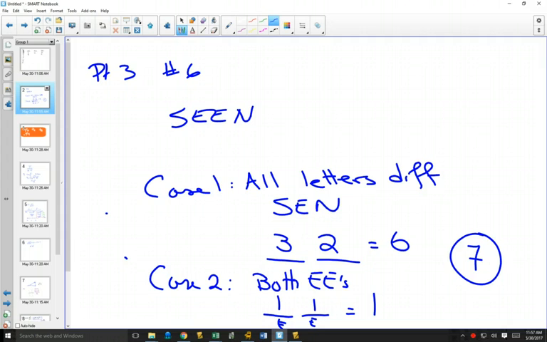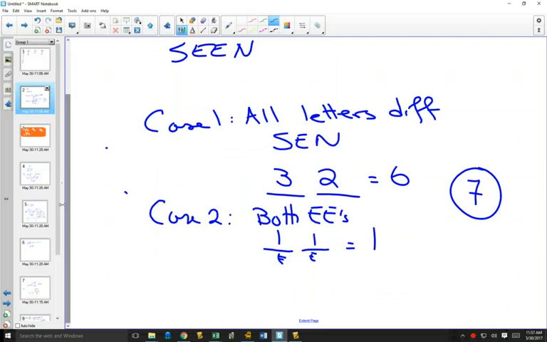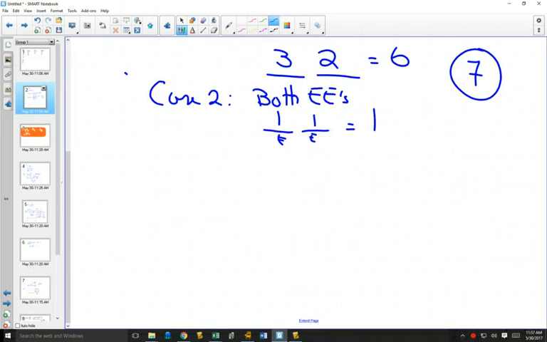And this question is very similar to part 4, number 9. So we'll do that one right away as well. So part 4, number 9 is October. And just like seen, there's a repetition of letters. This one has 2 O's.